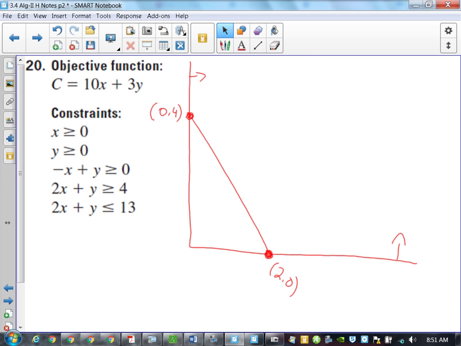Is 0 plus 0 bigger than 4? No, so it's false at the origin, moving outward again. 13 and 13 over 2 is what, 6.5?